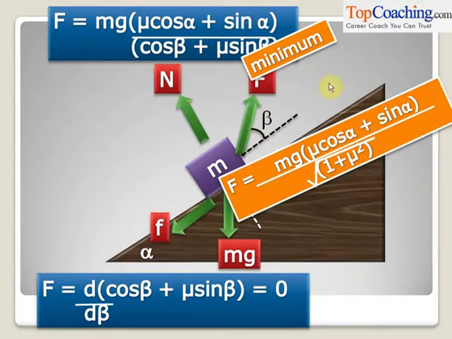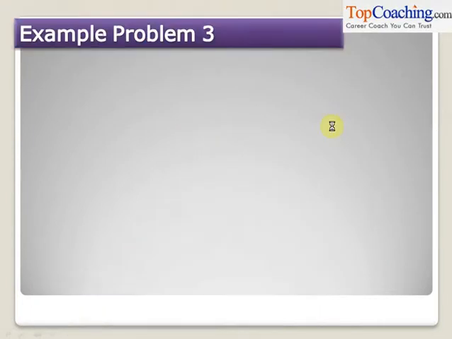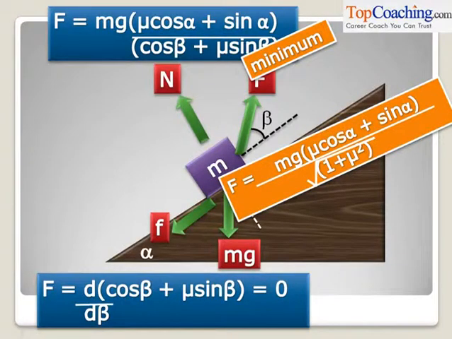This is the value of the minimum force that must be applied at an angle beta with the incline to make the block of mass small m move up the plane. This force is mg into mu cos alpha plus sin alpha divided by square root of 1 plus mu square. When you substitute this value here, you get the value of beta in this expression. Understood?